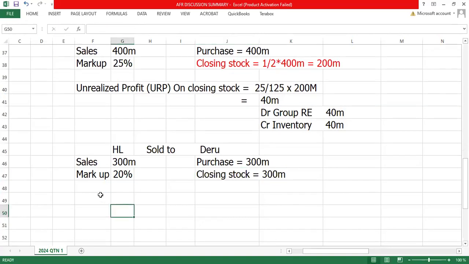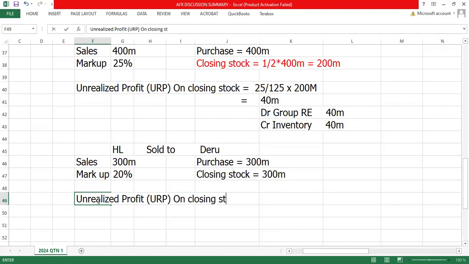So it means that we need to look for the unrealized profit, the unrealized profit on closing stock, which is equal to what? The 20 over 120, because this is markup, 120.